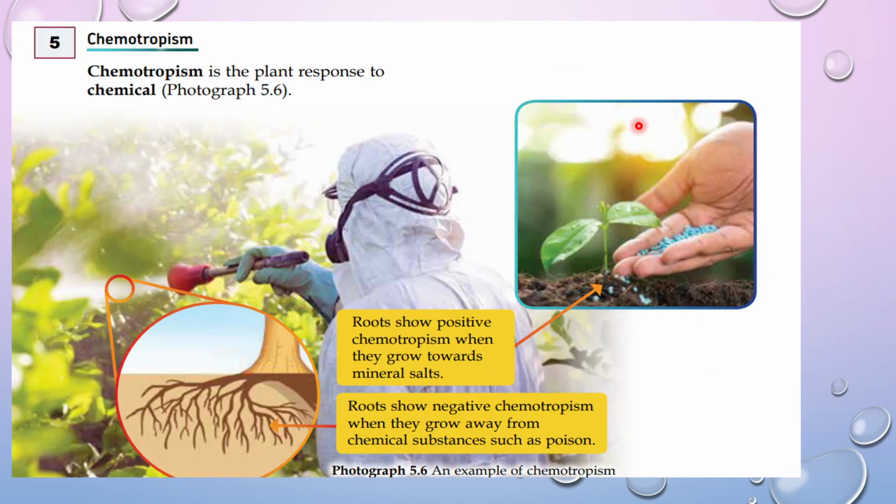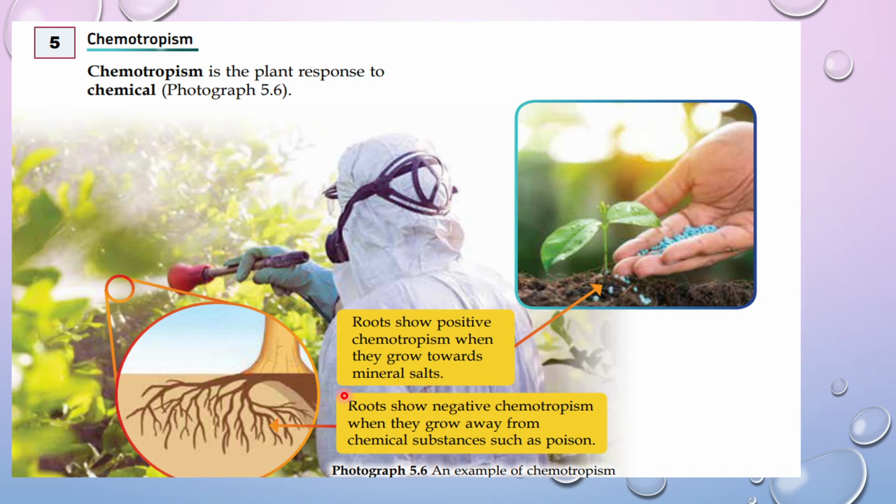Okay, the fifth type of response is chemotropism, which is the plant's response to chemicals. Alright, so again you see here the roots are the ones showing positive chemotropism when they grow towards the mineral salts, because they need these mineral salts or nutrients for their healthy growth.